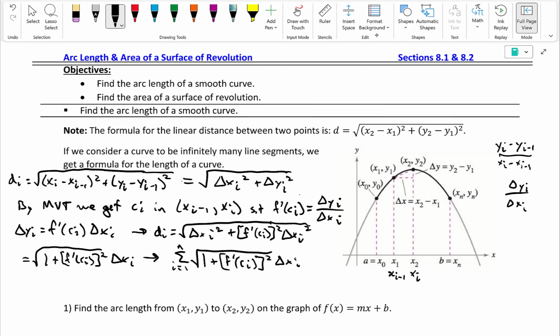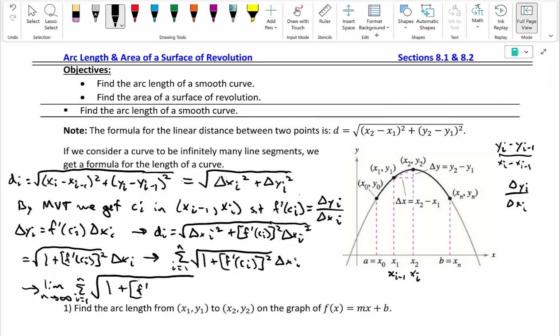All right, and then all we want to do is take the limit as n approaches infinity to add up infinitely many partitions, or look at what happens as we approximate this length as best as possible, and work from just adding up a bunch of little segments to integrating over the curve to get our total length.